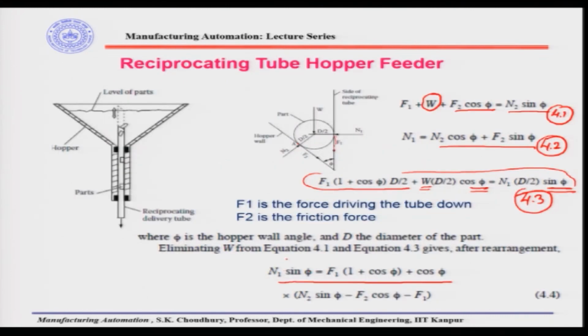So, finally, we are getting that N1 sin phi is equal to F1 into 1 plus cos phi into this factor. Okay. So, how this is getting affected, and how from these three equations you get into the design aspect, I will discuss in the next class. Thank you very much.